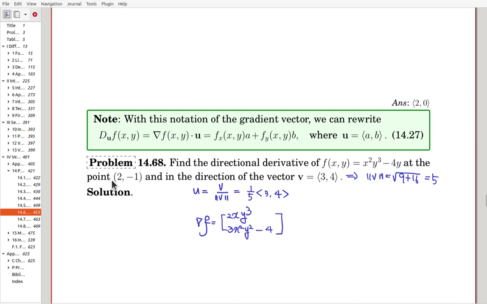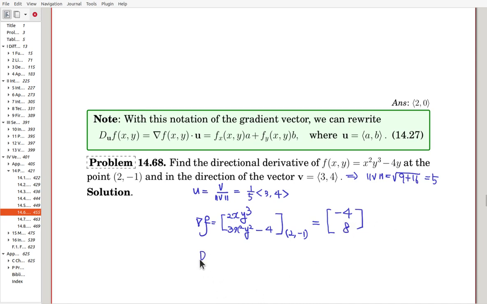And at the point 2 and minus 1, x is 2 and y is minus 1, we can get the numeric value. X is 2, y is minus 1. So it's minus 1, 2, so that is minus 4. And x is 2, y is minus 1. That is 3 times 4 times 1, 12 minus 4, which is 8. Right?